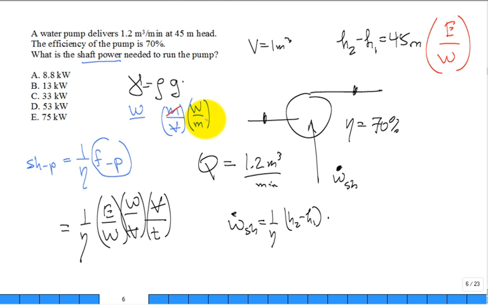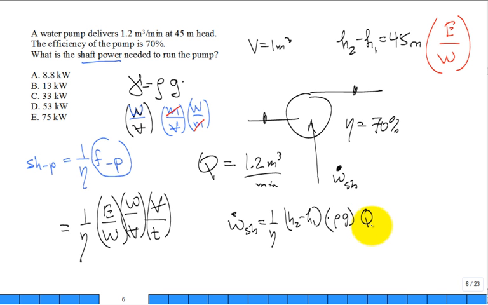It cancels that. And so when I put gamma, it's the weight per unit volume. That's what I need right there. I need gamma. I need rho G. And then for the volume per unit time, well, that's Q.